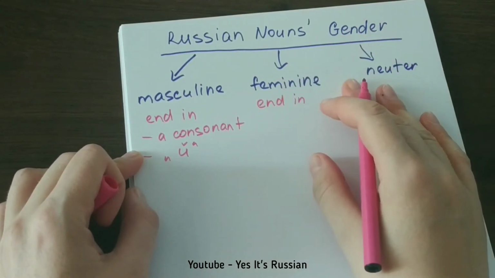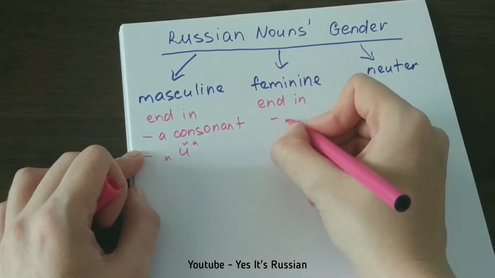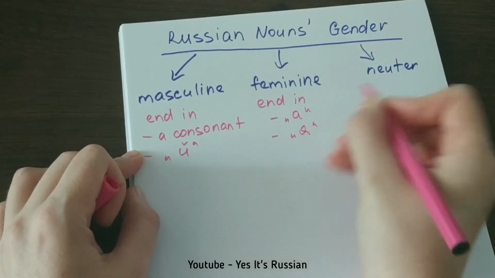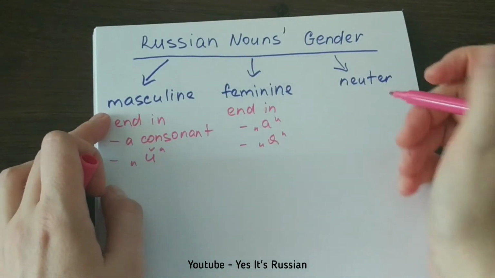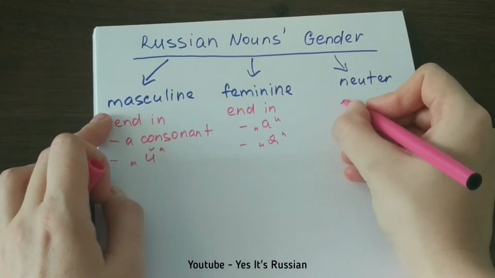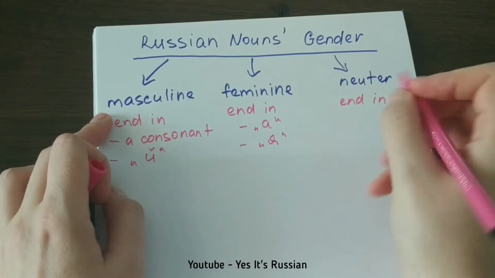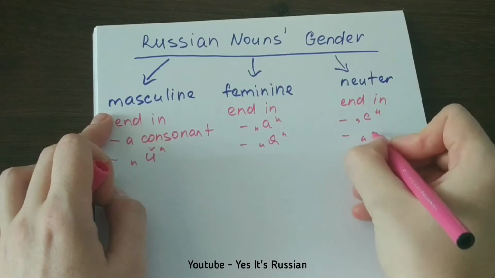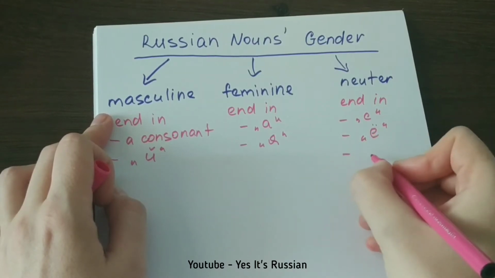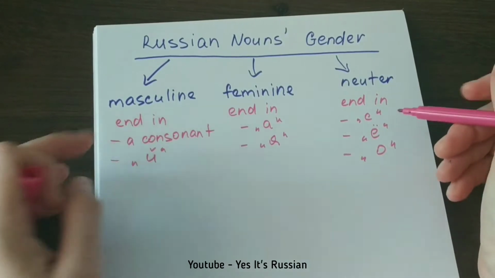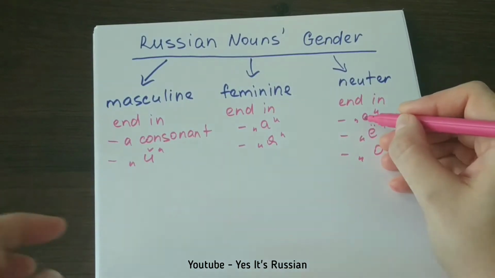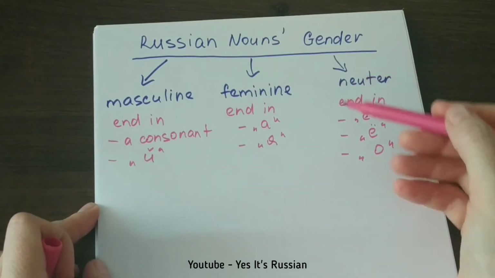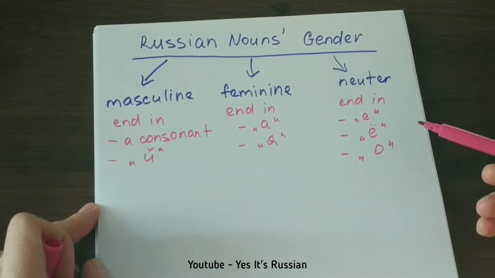The nouns of the feminine gender end either in the vowel A or in the vowel Ya. And nouns of the neuter gender end in the following vowels. It's either ye, yo, or o. So if you see a noun ending in the vowel ye, yo, or o, this noun is of the neuter gender.